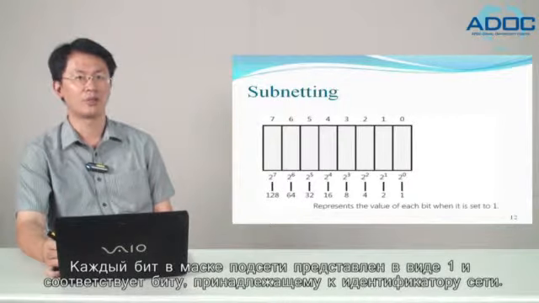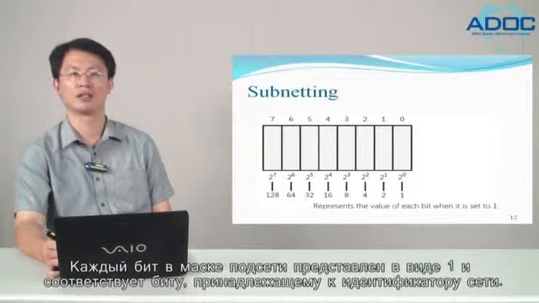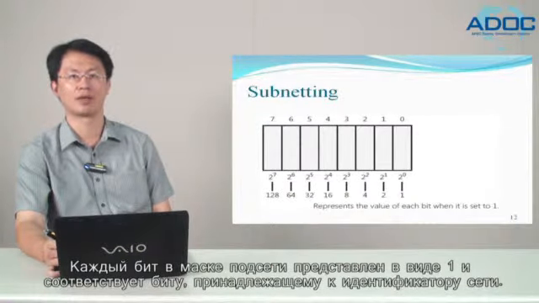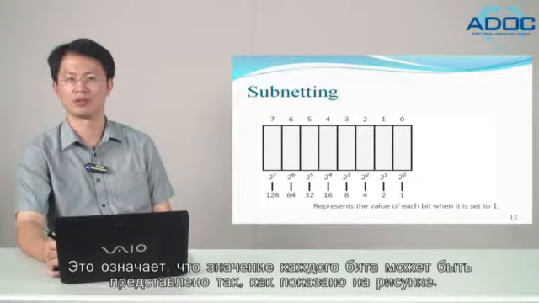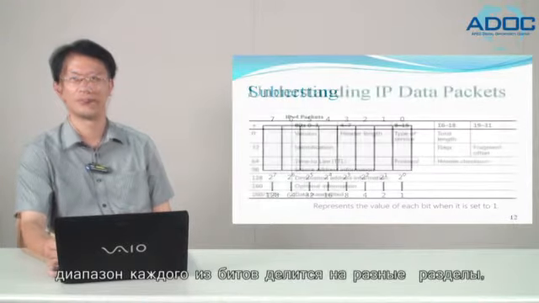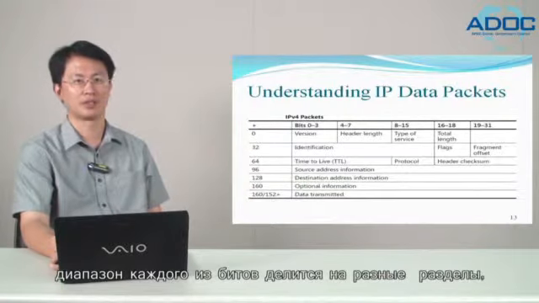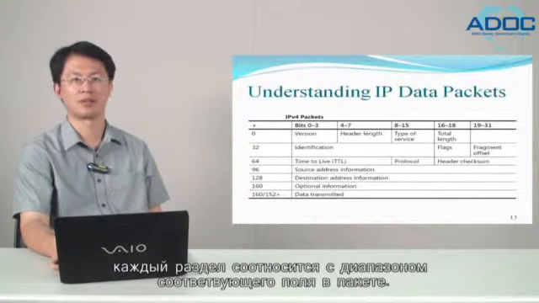However, each bit represented as a 1 in the subnet mask corresponds to a bit that belongs to the network ID. This means the value of each bit can be represented as shown in the figures. Each bit's range is broken into different sections, and each section corresponds to the range of a related field in the packet.